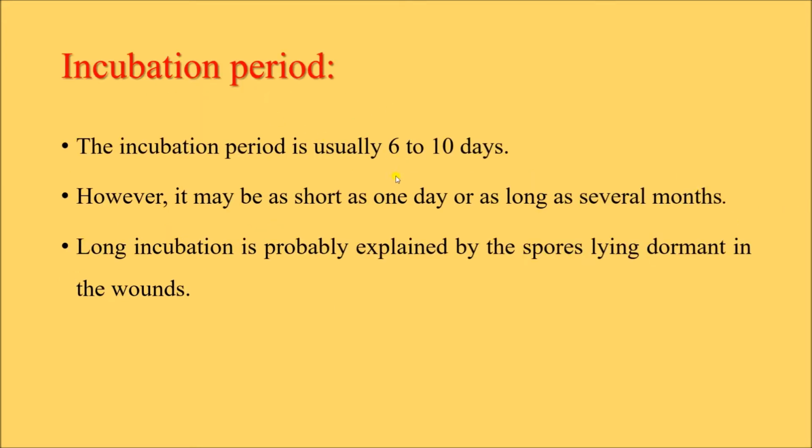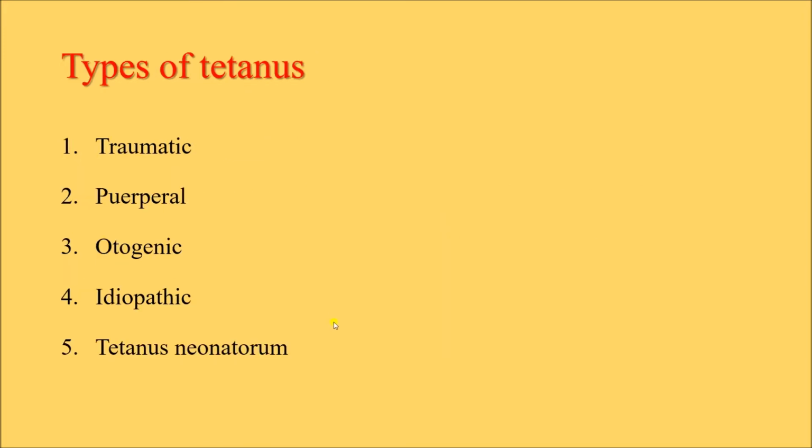Incubation period is generally 6 to 10 days, but it can be as short as 1 day and as long as several months. The reason behind this long incubation period is probably that the spores can lie dormant in the wounds.